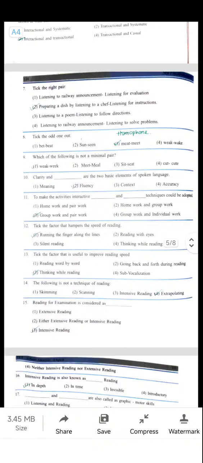Question 22: the dash method of teaching reading is an impressive method of sentence method. What is that? Sentence method means sentence method only. We did not go for another one.